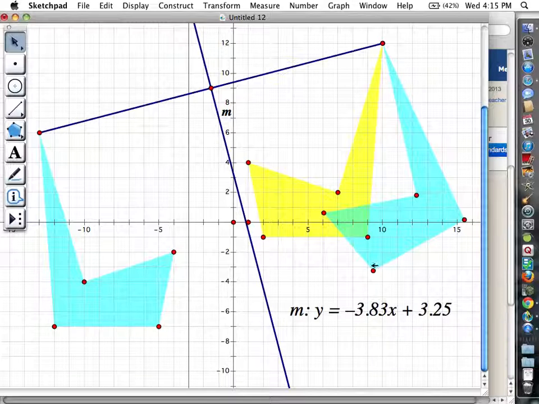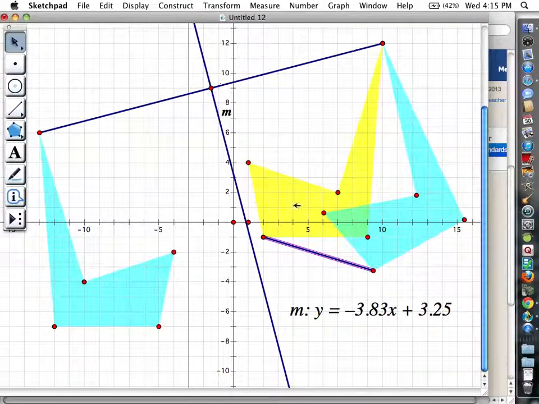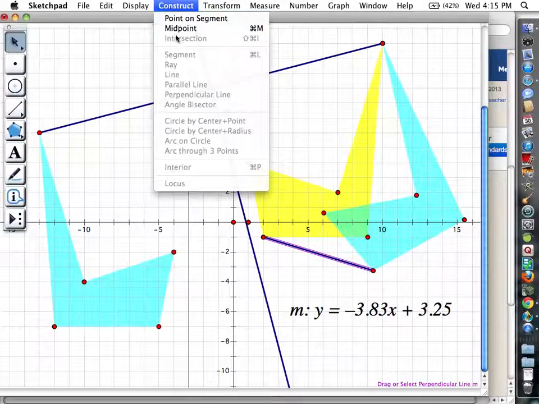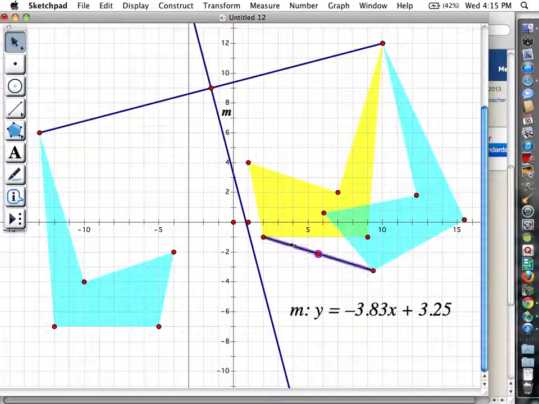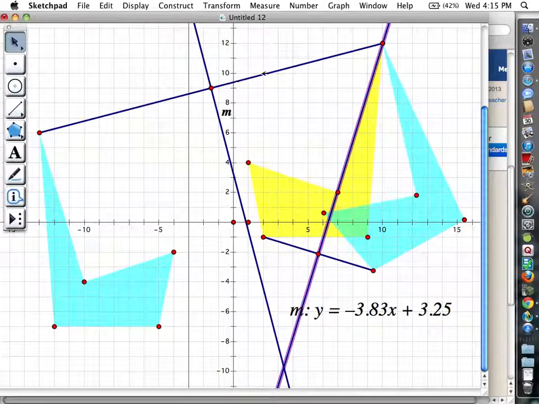Okay, so the next thing would be to again select 2 corresponding vertices. So I might choose this and this. And again, construct a segment between them and find the perpendicular bisector of that segment. Okay, so here's my second reflection line.